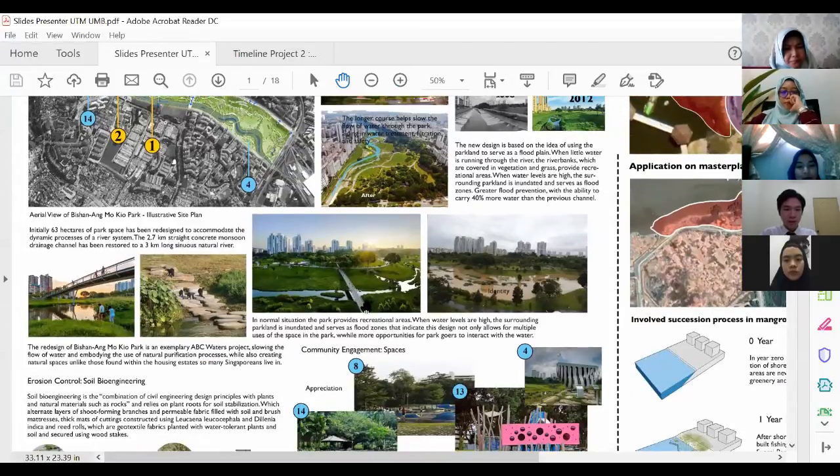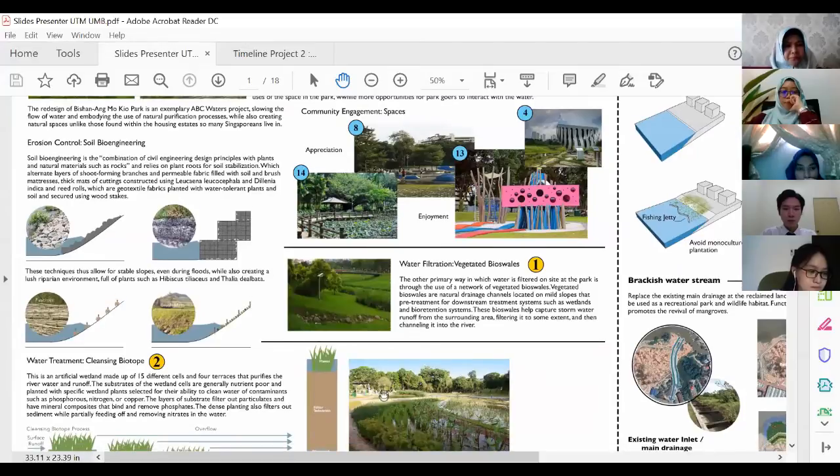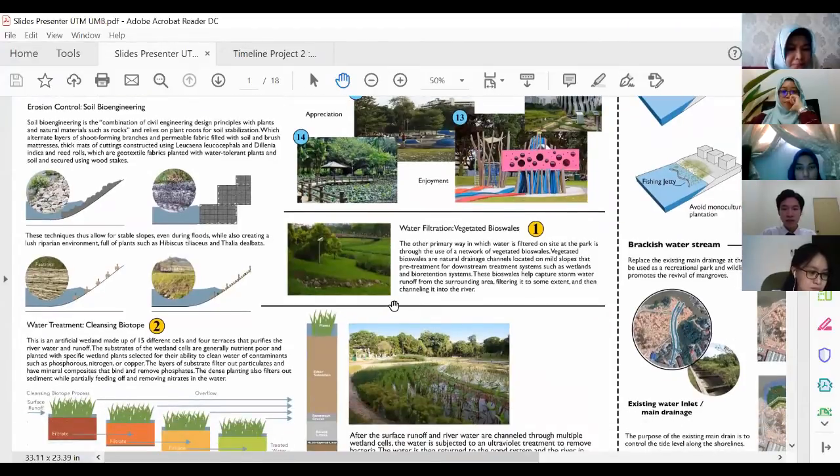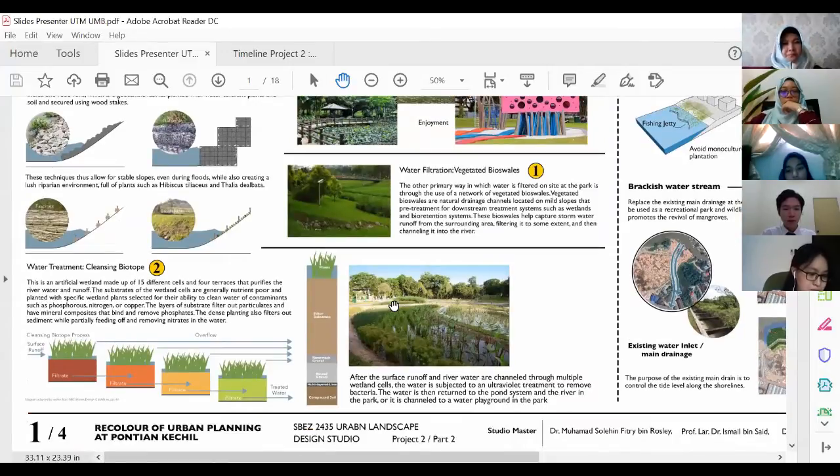It gave a lot of environmental benefits, such as lowering the temperature, increasing the humidity, and improving the water quality by providing water filtration.